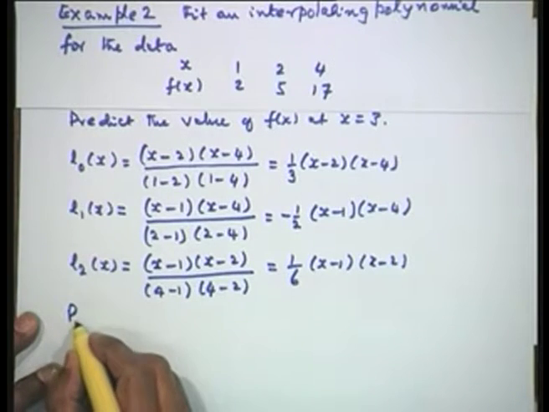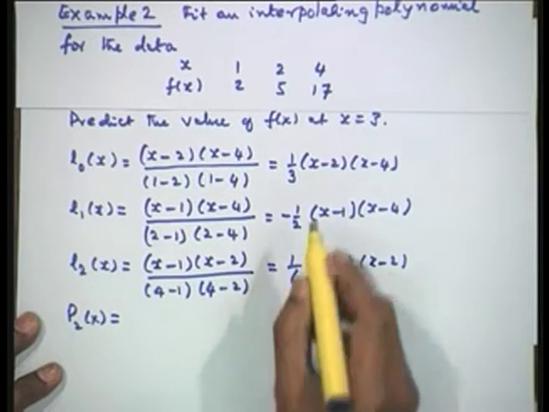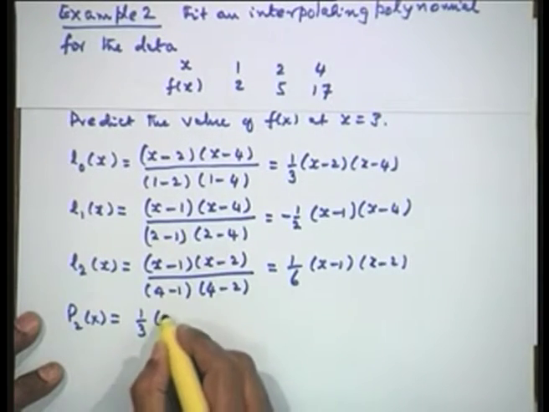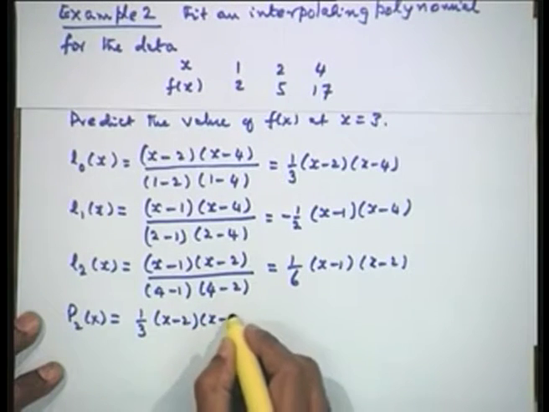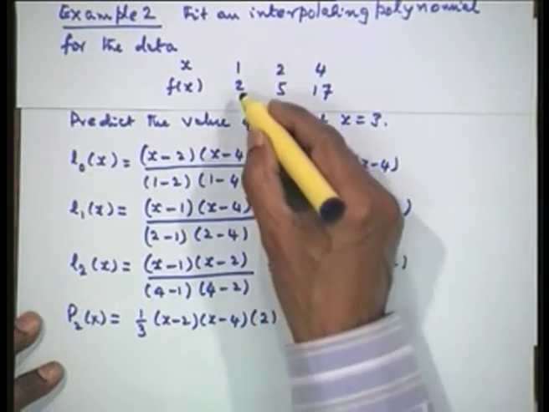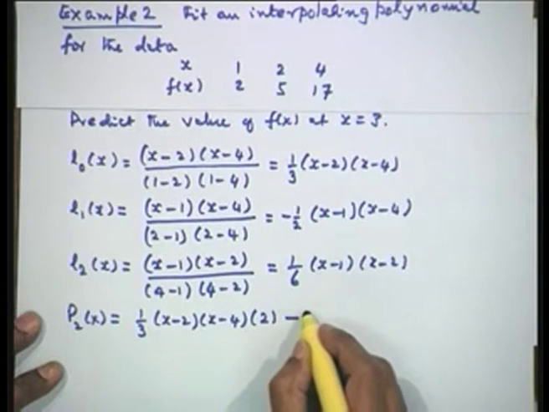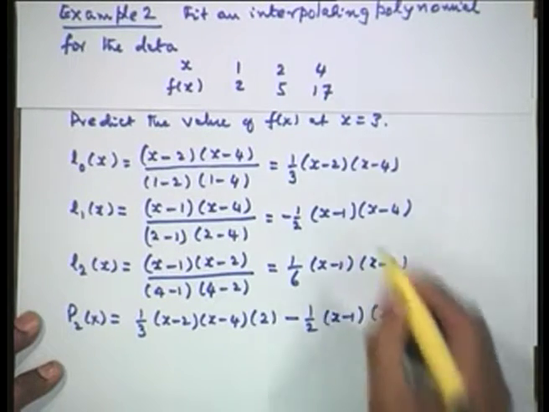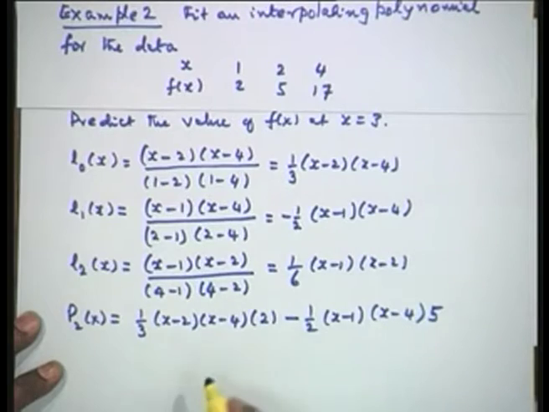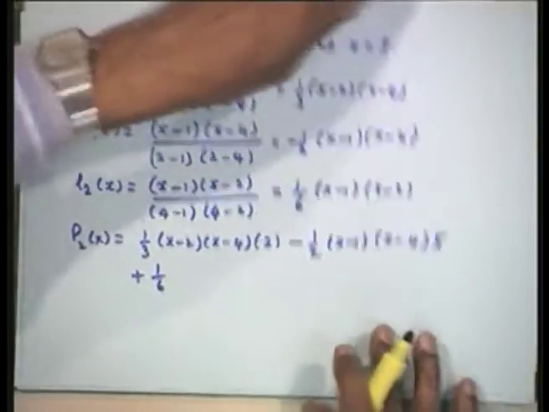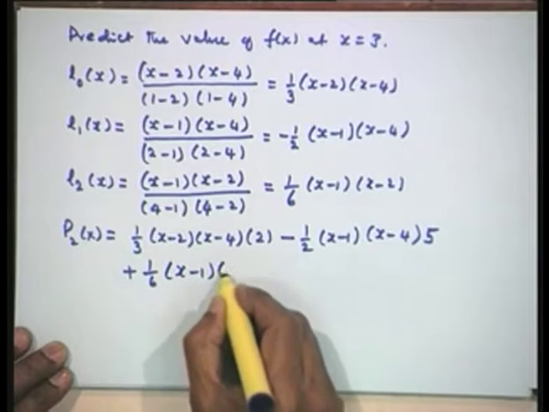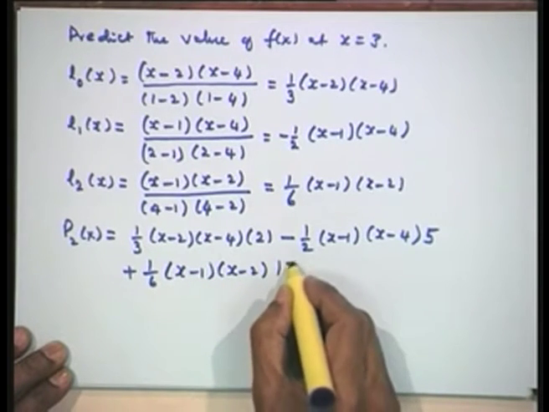Therefore, the required polynomial is P2(x), that is L0(x) f0, that is 1 by 3 (x minus 2)(x minus 4) into 2, that is f0 is 2, minus half (x minus 1)(x minus 4), f1 is 5, plus 1 by 6 (x minus 1)(x minus 2), and f2 is 17.